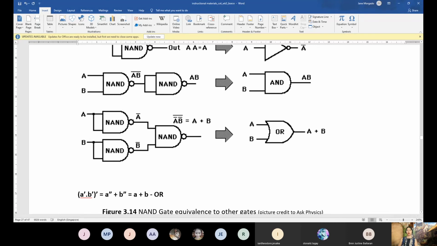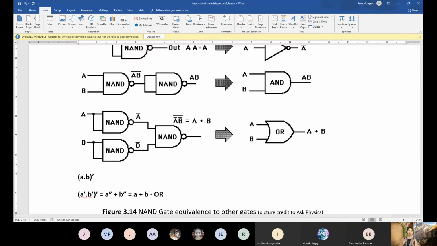Okay, so for AND gate, we have A times B. And then we have an inverter here, which is represented by a bubble. So we have prime: (A times B) prime.